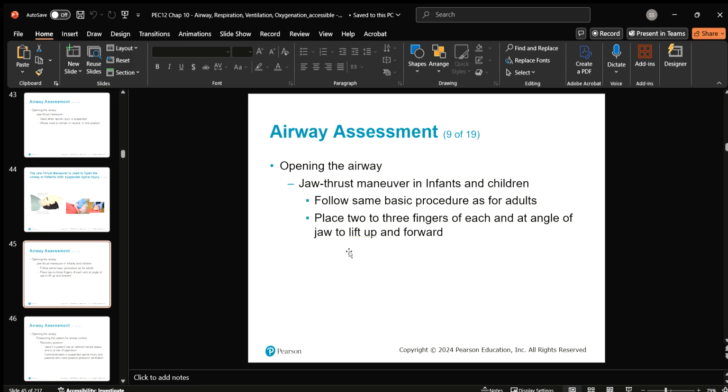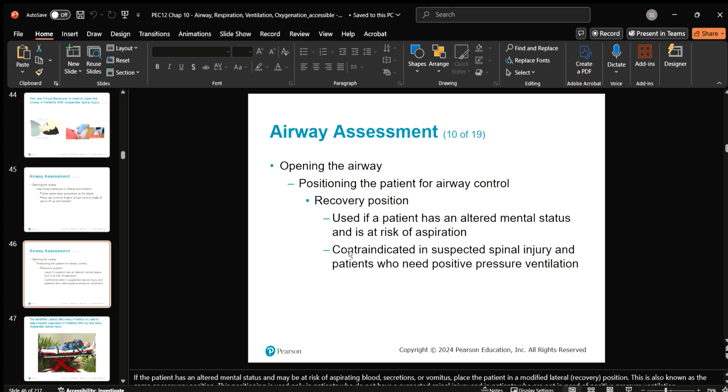Jaw thrust maneuver in infants and children. There's some great photos that show that. All right? Positioning might be all that they need to secure the airway. If they are altered or at risk of aspiration, what's a patient that might be altered and at risk of aspiration? That's a great one.